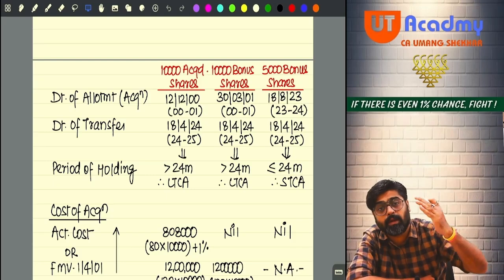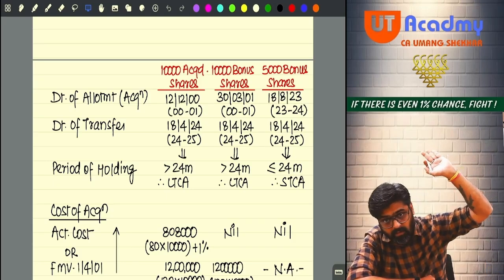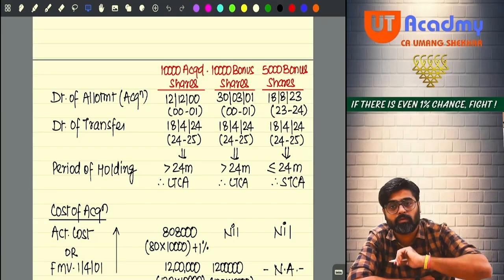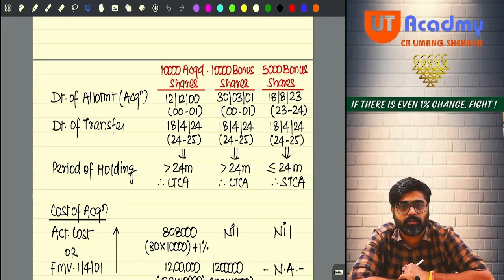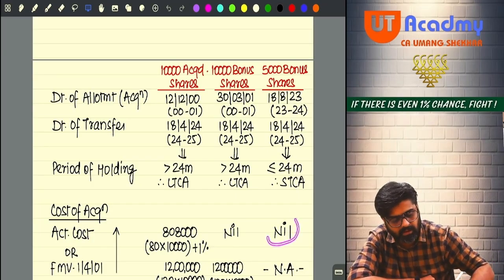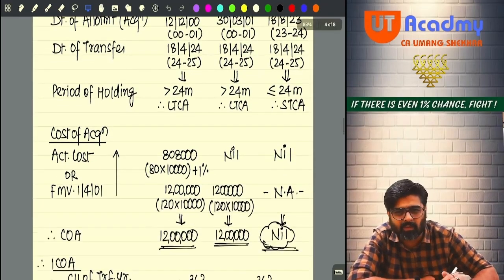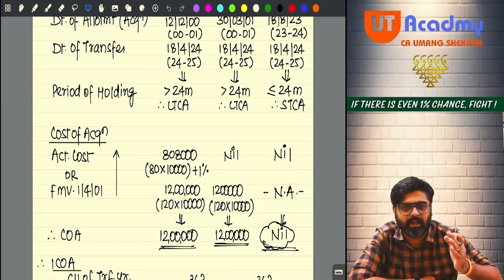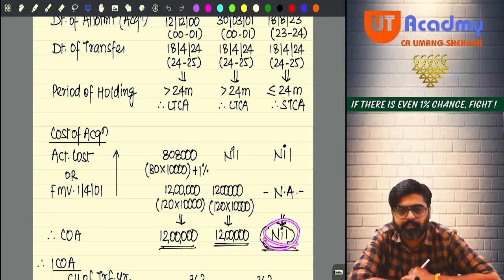Are the bonus shares acquired prior to 1st April 2001? Or on or after 1st April 2001? On or after 1st April 2001. So what will be the cost of acquisition? Their actual cost, which is nothing but nil. And here you are not going to get that option to take fair market value. Yes or no? So it's finally, its cost of acquisition will be nil only.